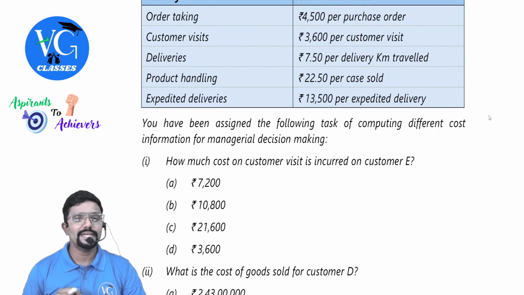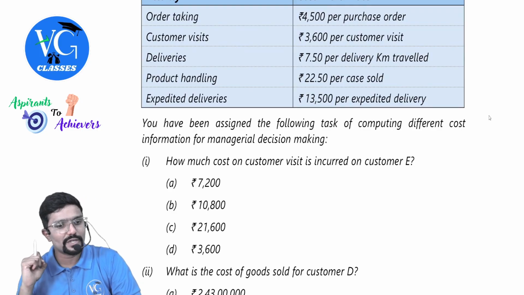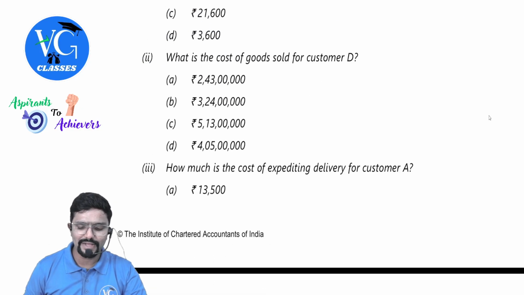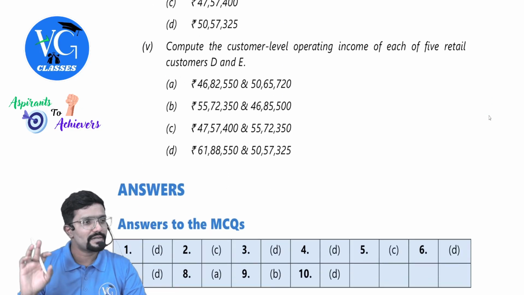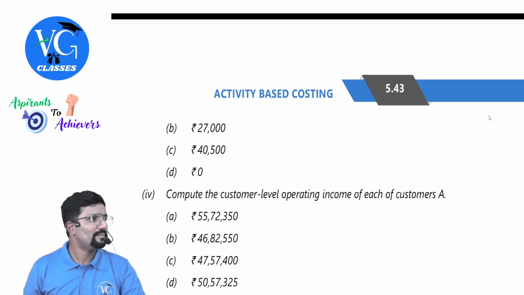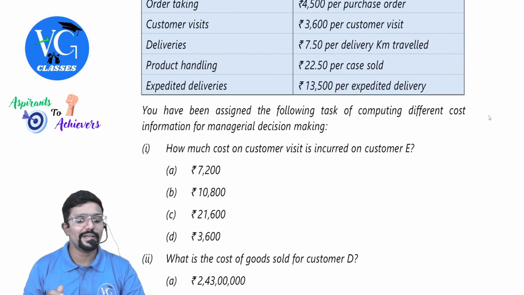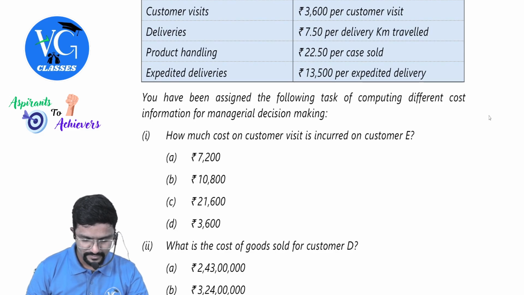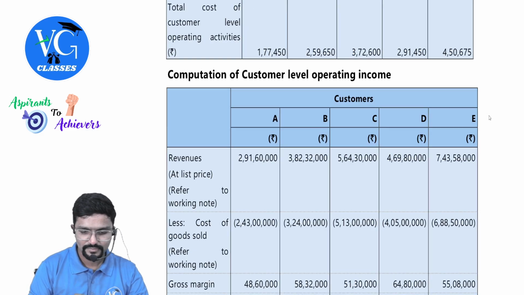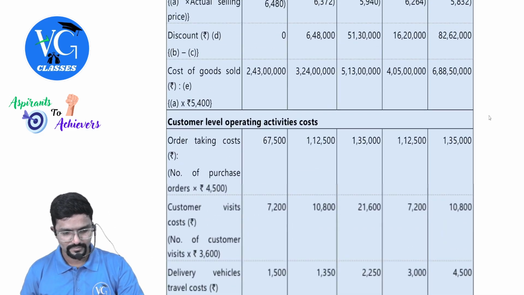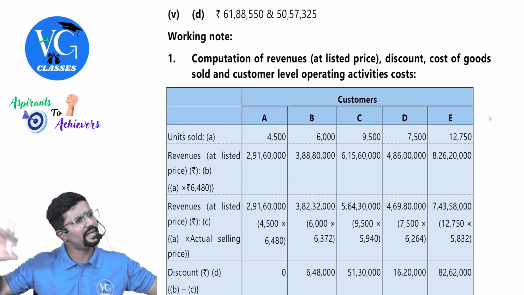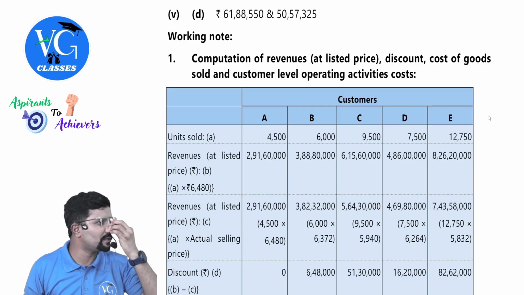You have been assigned the following task of computing different cost information for managerial decision making. We will see whatever they have asked. I will show the shortest way to get the answer. But before that, what is the longest way they have followed? We will see. First, some full detailed working they have done, as if it is a descriptive question.